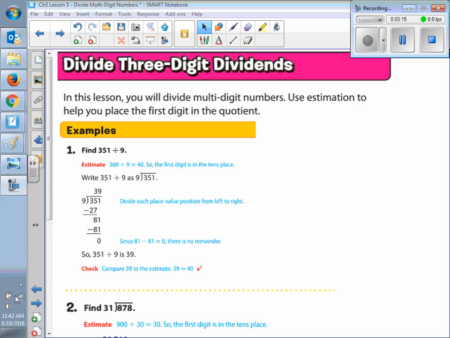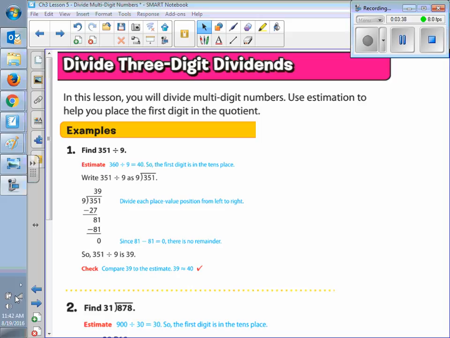First, we're going to estimate. Okay? So we're going to say that 351 is about 360, right? And 9, of course, is 9, right? So, using that little estimation, how many times does 9 go into 360?